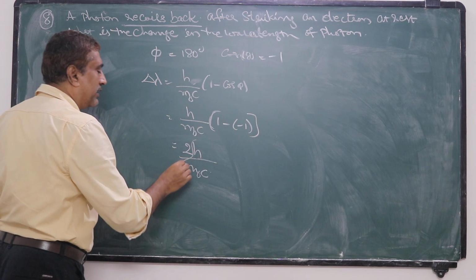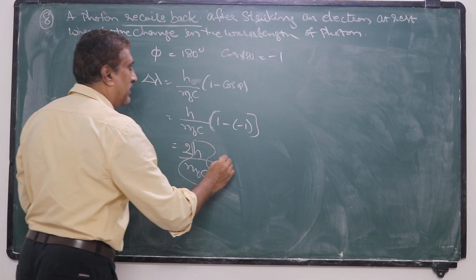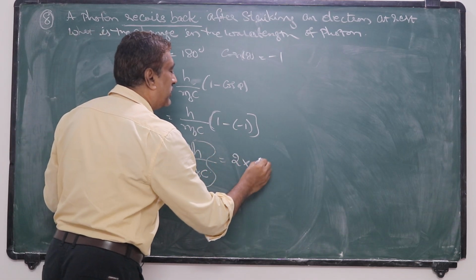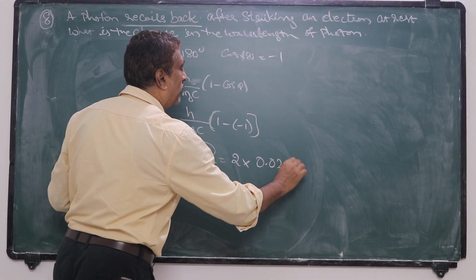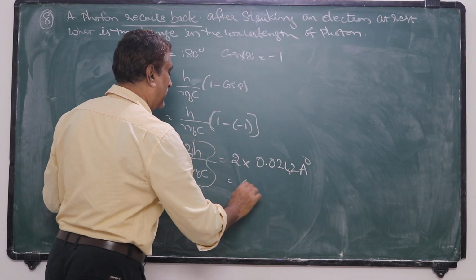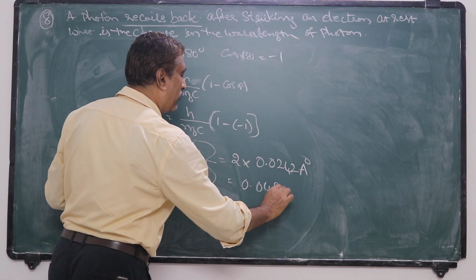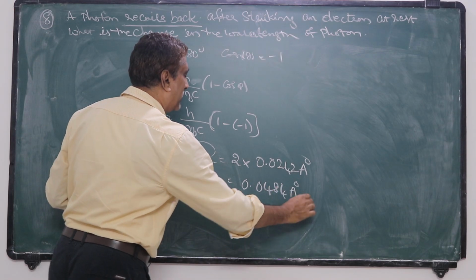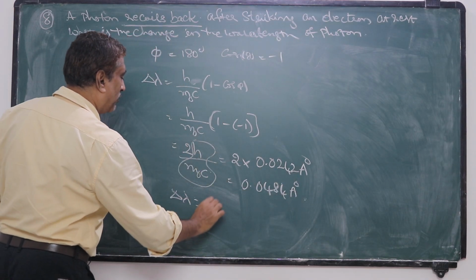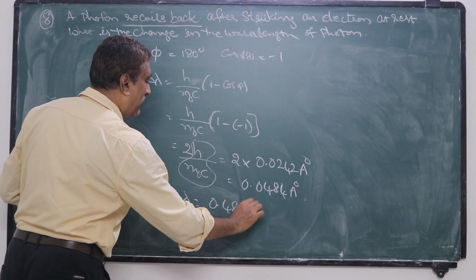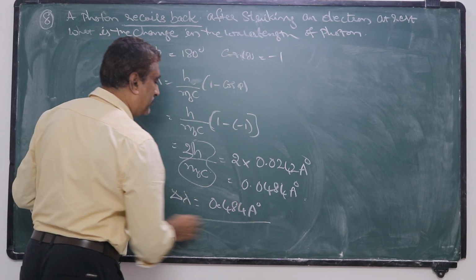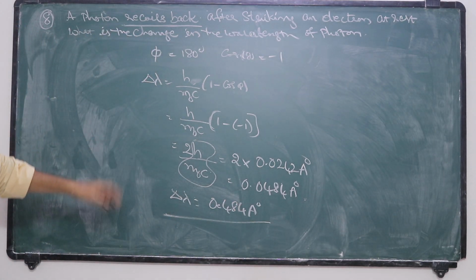Already we have calculated this h by m naught c as 0.0242 Armstrong, so twice that is 0.0484 Armstrong. So the change in wavelength is 0.0484 Armstrong. Yeah, this is also a simple one.